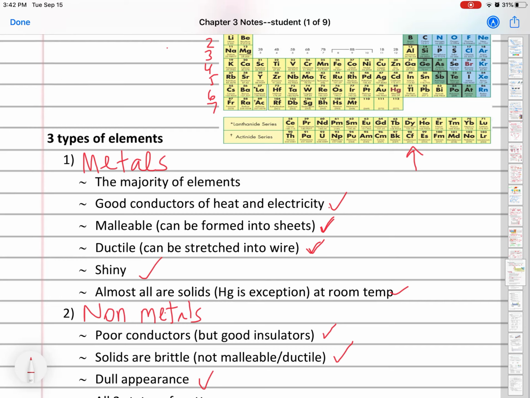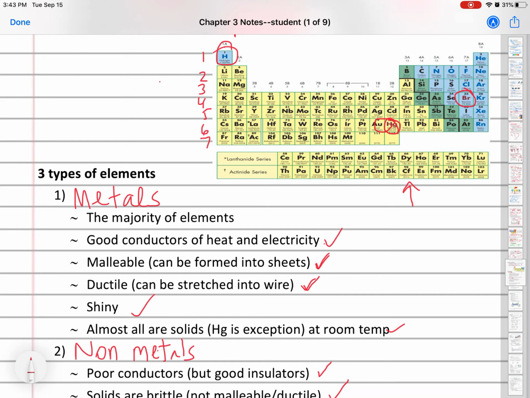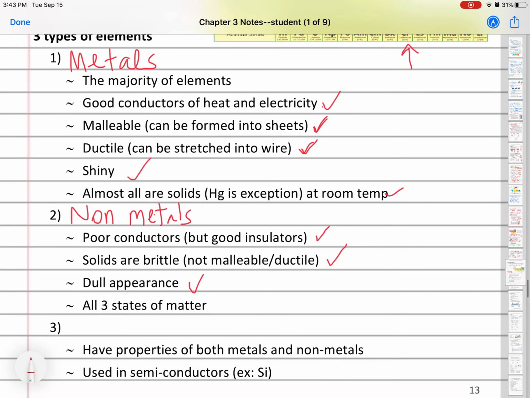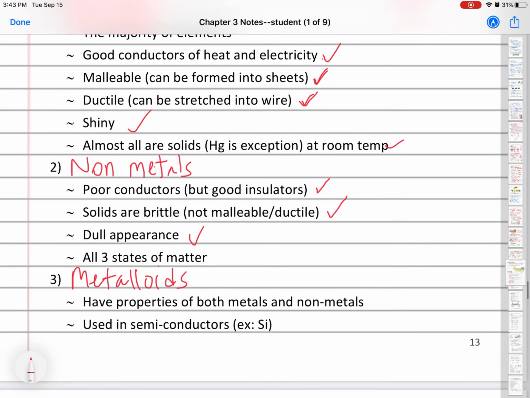And then in between the metals and nonmetals, you have the sort of border patrol there. Those bordering elements kind of act like metals and kind of act like nonmetals. We call them metalloids. The metalloids have some properties of both metals and nonmetals.